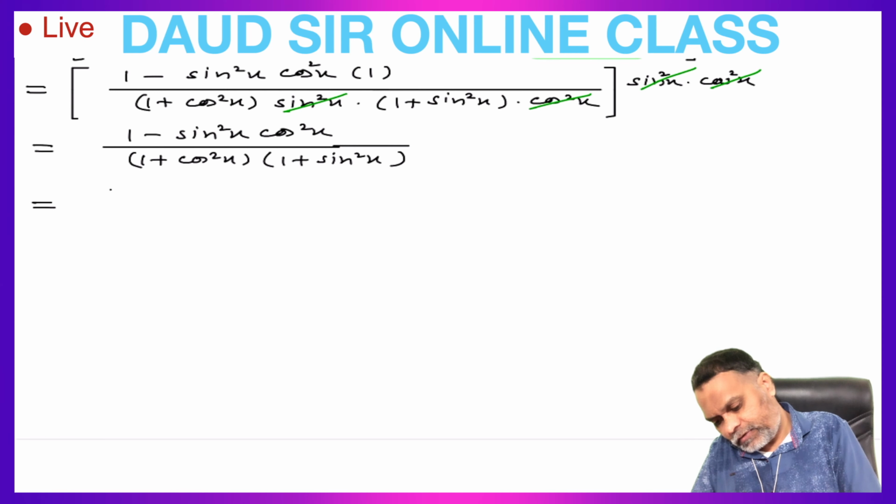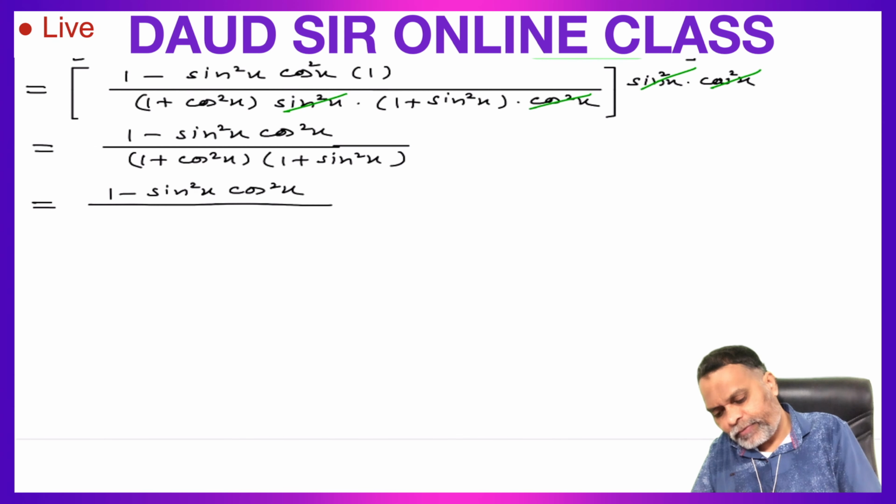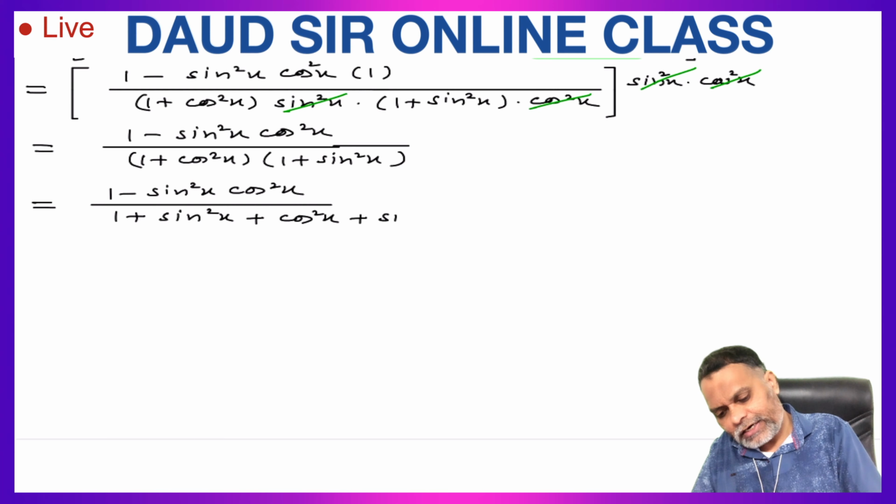which is equal to 1 minus sine square x into cos square x, upon multiplying 1 plus sin square x by cos square x, plus cos square x into sin square x, or we can write sin square x into cos square x.